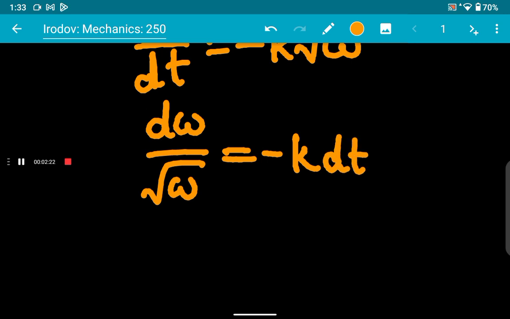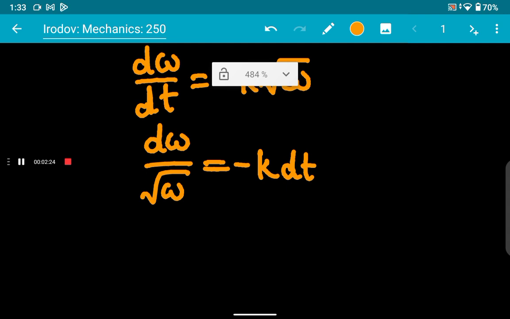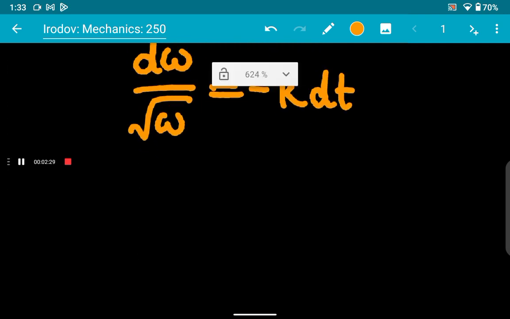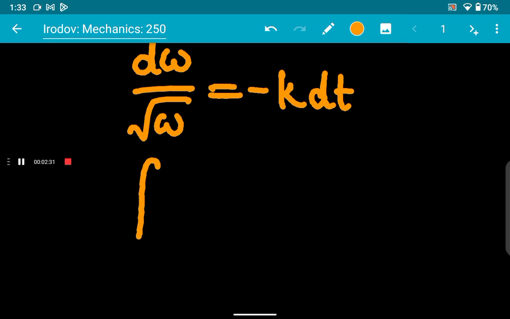Now we will just say that the particle stops in time capital T, and now we have to integrate this. The final angular velocity is 0 and the initial is omega naught.